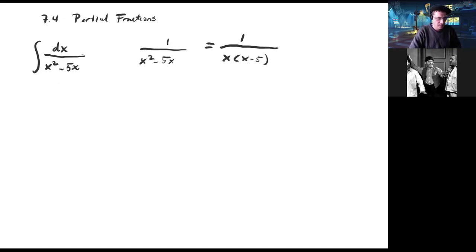And the idea is that if you think about adding fractions, then if you have the denominator as a product, you can think of that as probably coming from a sum of two different fractions, where in this case it's some constant over x and another constant over x minus 5.